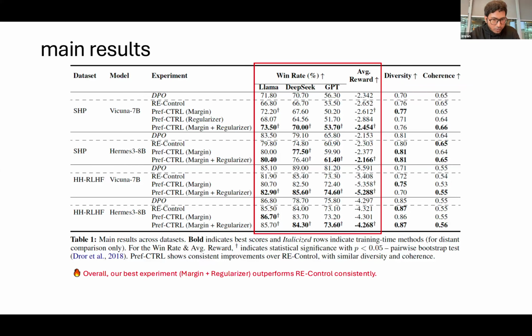If we look at these scores, we can clearly understand that our approach outperforms RE-Control consistently in most of the metrics, average reward and win rate across all judges in most cases. The combination of margin and regularizer performs better than RE-Control.